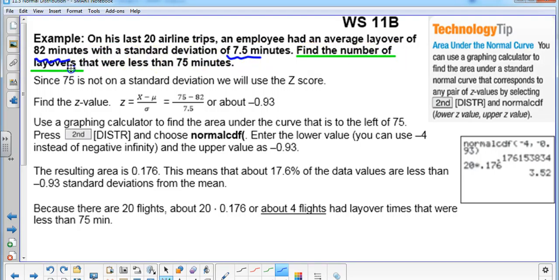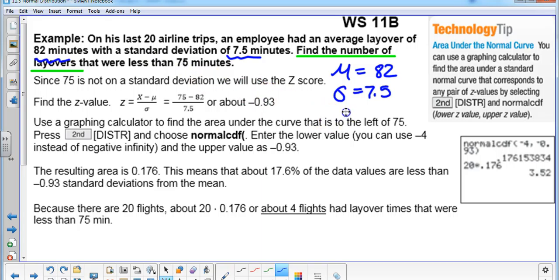Find the number of layovers that were less than 75 minutes long. So we have a mu or mean of 82, a standard deviation of 7.5, and we want to find less than what? Less than 75.